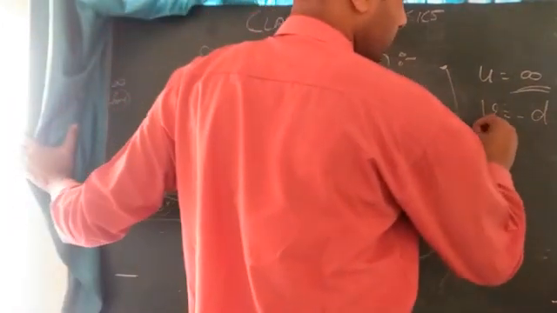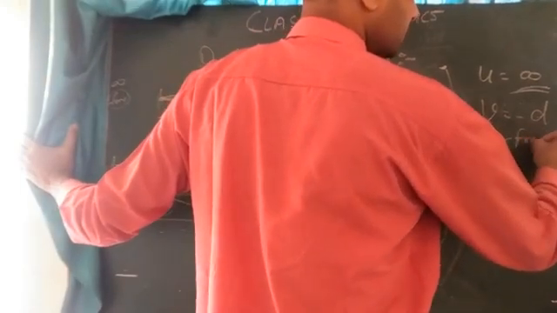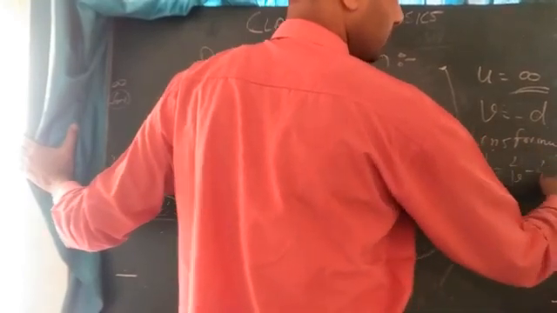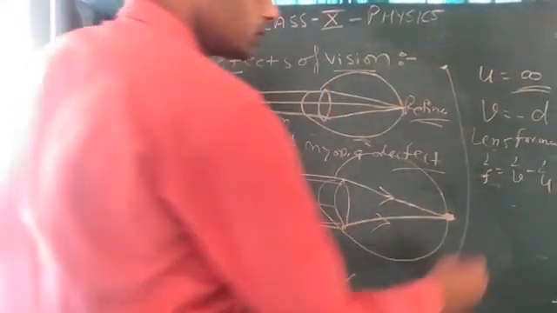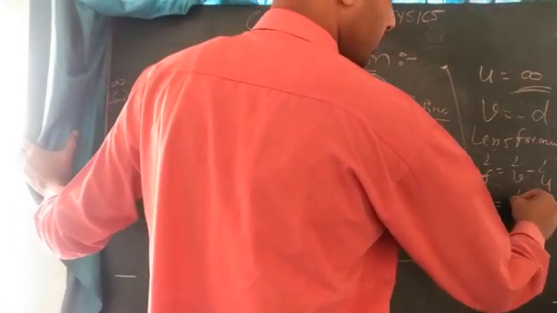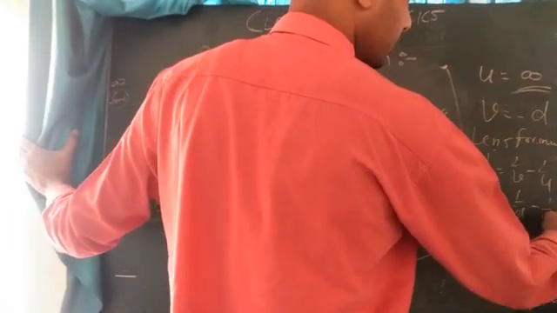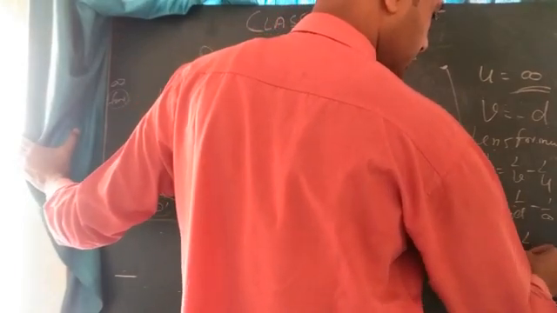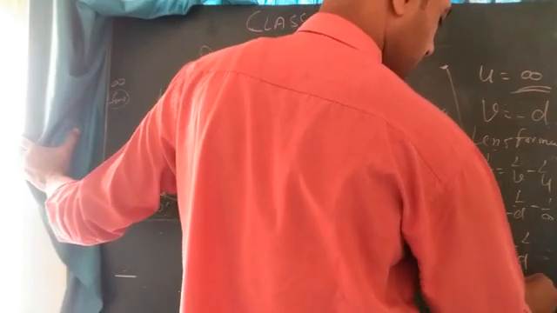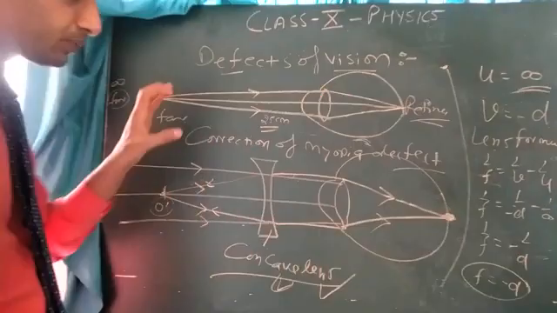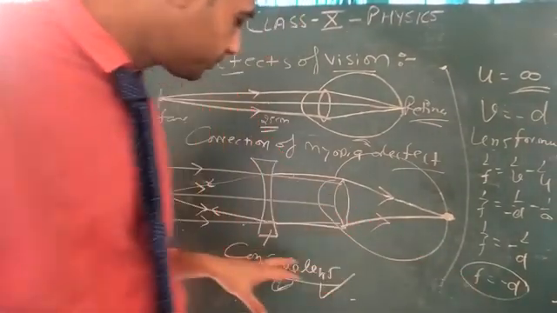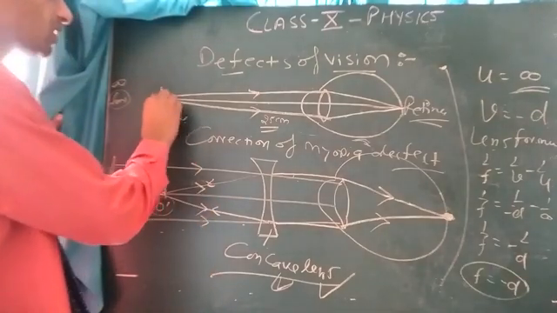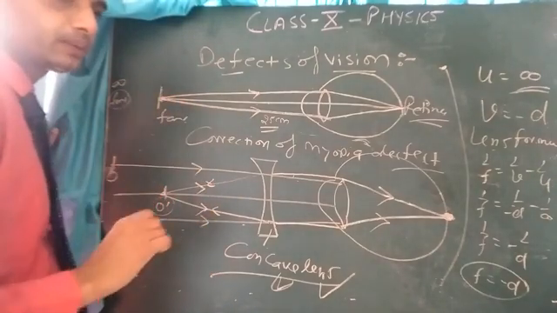So by using the lens formula, 1 upon F equals 1 upon V minus 1 upon U. So 1 upon F equals 1 upon minus D minus 1 upon infinity. So 1 upon F equals minus 1 upon D. So F equals minus D. It means the focal length of this concave lens is equal to the far point for the myopic eye.